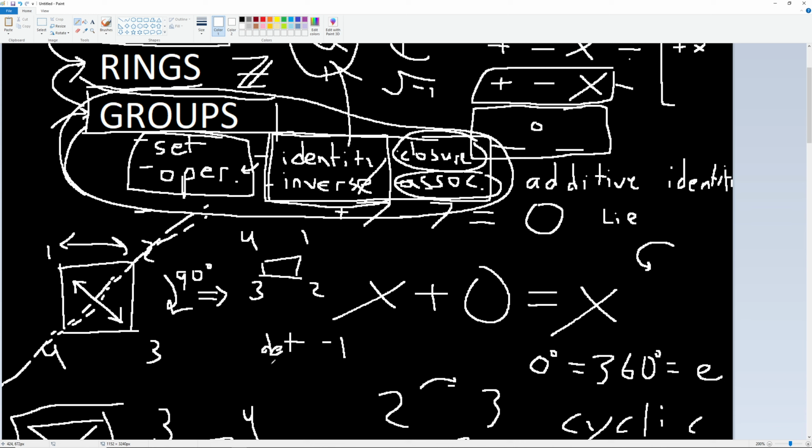I'll talk about determinants later at some point, but as a transformation, if the determinant is 1, this means that it's distance preserving. So all rotations are distance preserving. Nothing is getting scaled. So rotations are determinant 1. And determinant -1 basically means that something's getting mirrored, reflected or flipped.